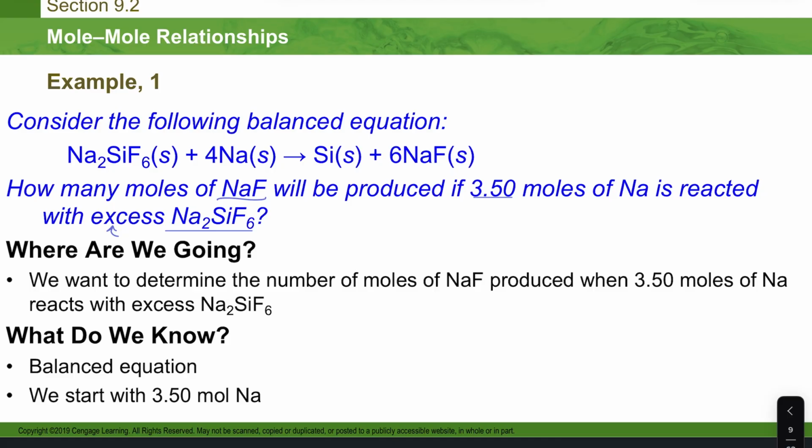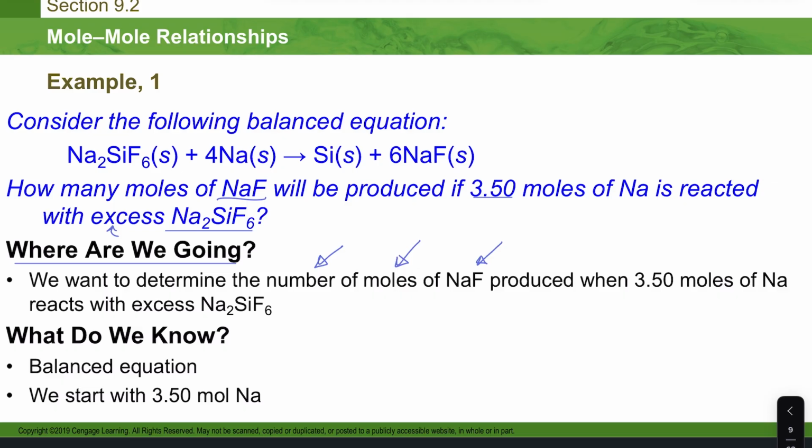So the first thing you should ask yourself when you are doing these problems is where you're going and what you start with. Where you're going is going to be the value that you want to determine. That's going to be both the number that you want and the unit that you want in the correct type of molecule. So NaF is part of this molecular equation, so it will be part of our answer.